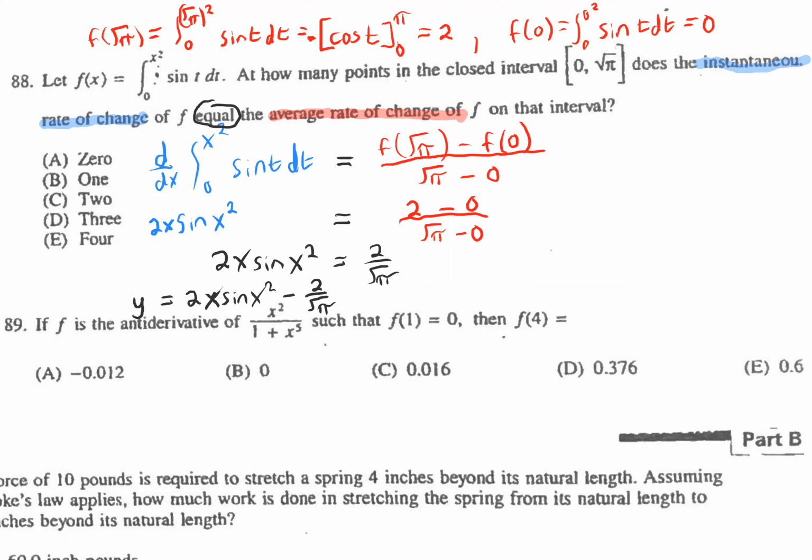All right, I'm going to do that on my calculator. So I'm graphing y equals 2x sine x squared minus 2 divided by square root of pi.